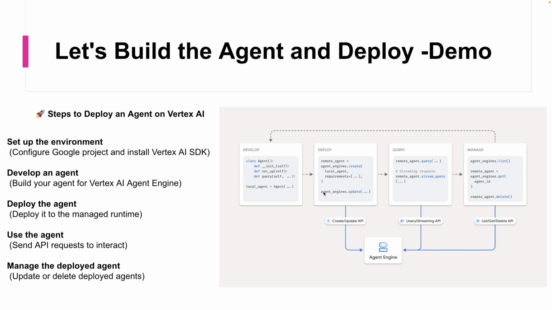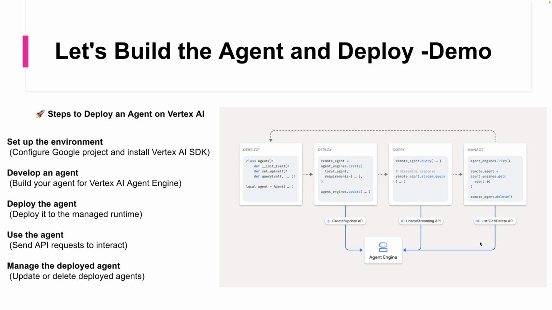Once the agent is developed, you deploy it to the managed runtime. So you can create and update. Basically, we use agent_engine.update or agent_engine.create. These are the parameters that we use when we use the agent engine to deploy. Then you use the agent to send a query to see whether the agent is responding as expected or not.